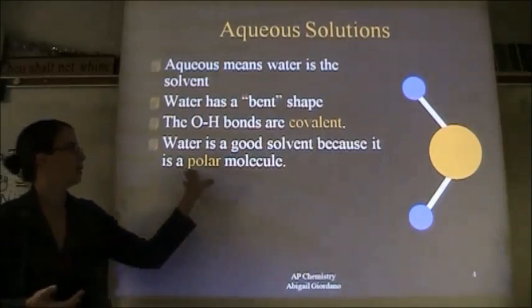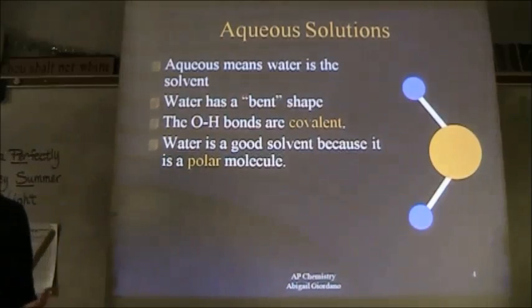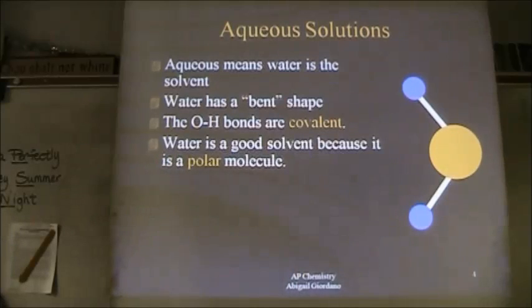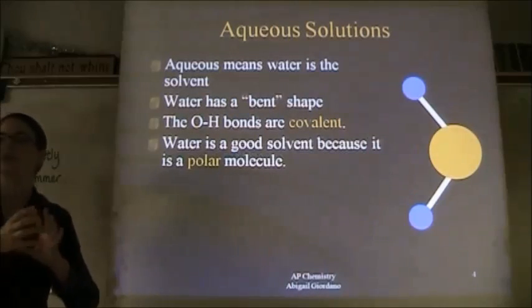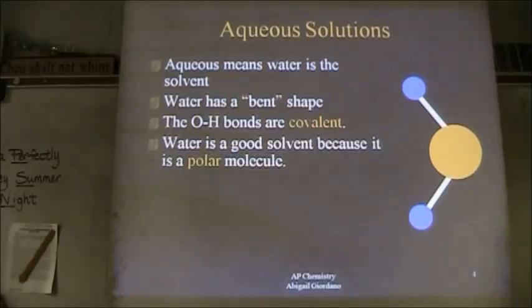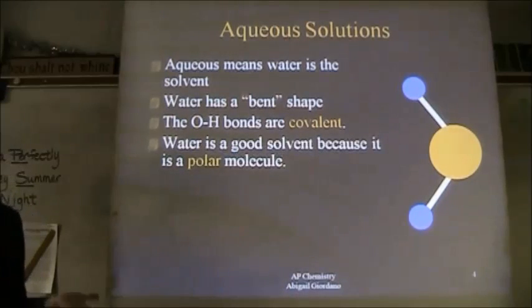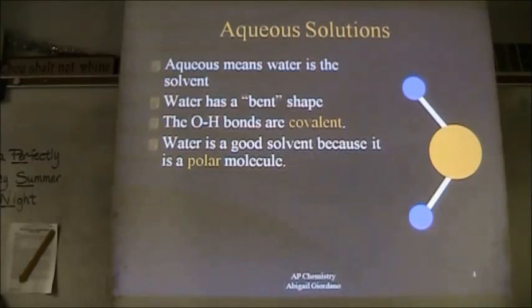Okay, now that's a word that we need to review. You definitely learned it in Chem 1, but let's just revisit. The word polar means an uneven distribution of charge. So one side of the molecule would be a little bit more negative, the other side would be a little bit more positive.